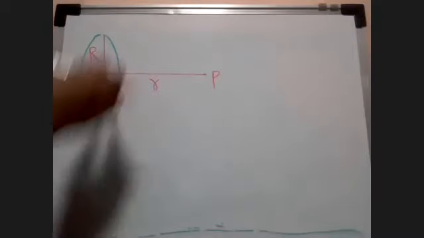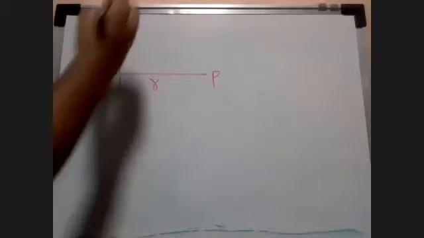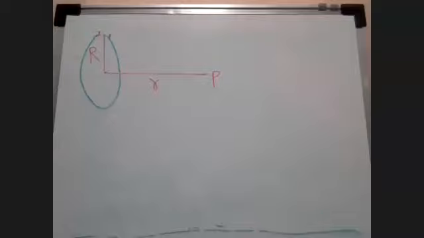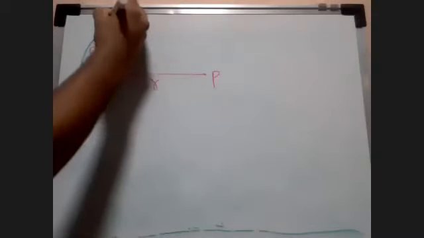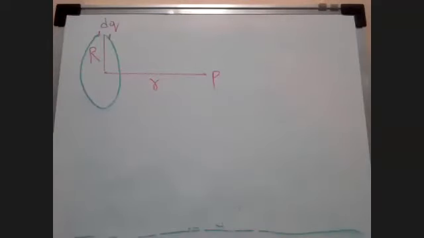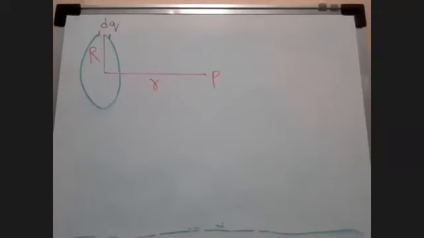The thing is, if you take a small element dq over here, this dq is the same thing which we did earlier, that is the point charge, the electric field intensity due to point charges.